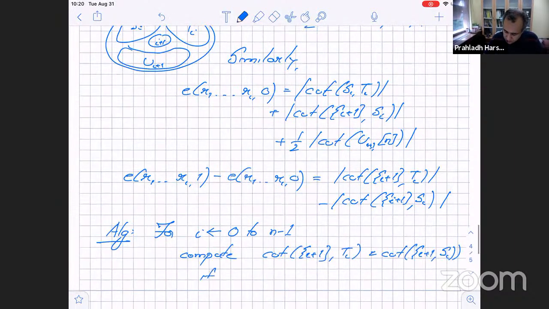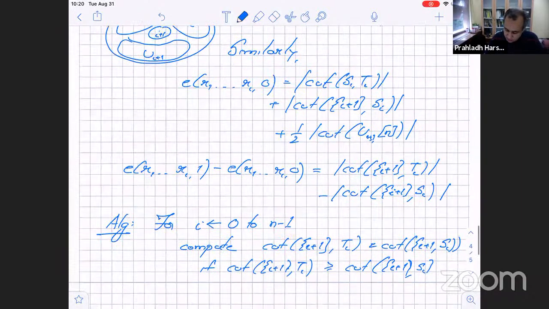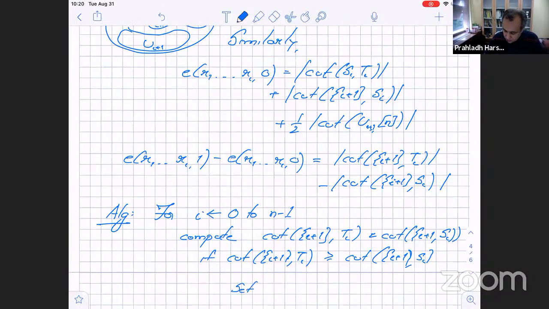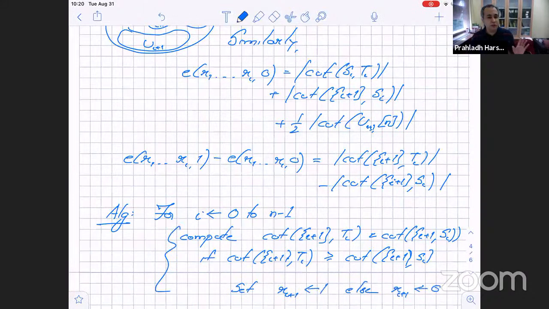If cut I plus 1 Ti is greater than or equal to cut I plus 1 Si, set Ri plus 1 to 1, else Ri plus 1 to 0. And that's also the same. This is just the greedy thing.